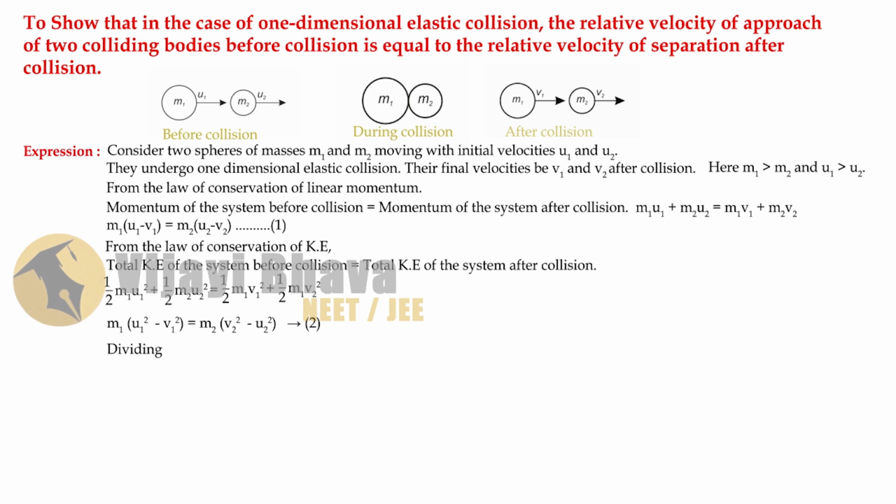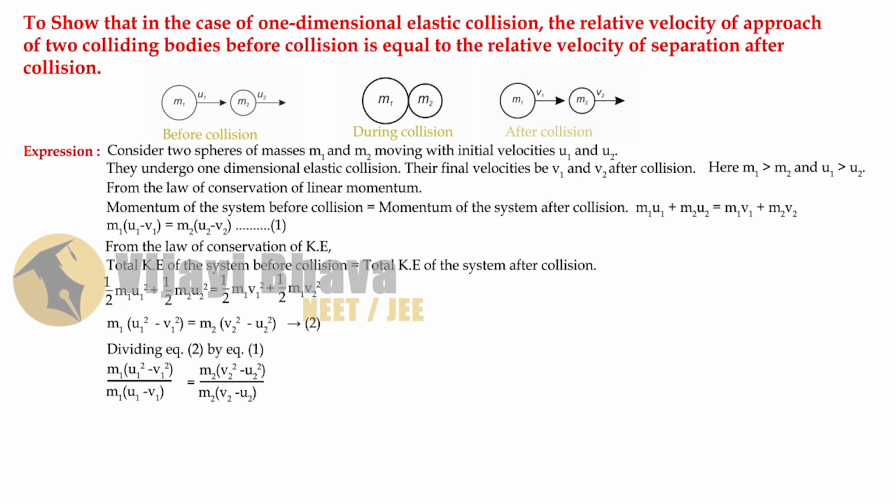Now dividing equation 2 by 1, we get m1 into (u1 square minus v1 square) by m1 into (u1 minus v1) is equal to m2 into (v2 square minus u2 square) by m2 into (v2 minus u2). Just cancel m1s this side and m2s on the other side.